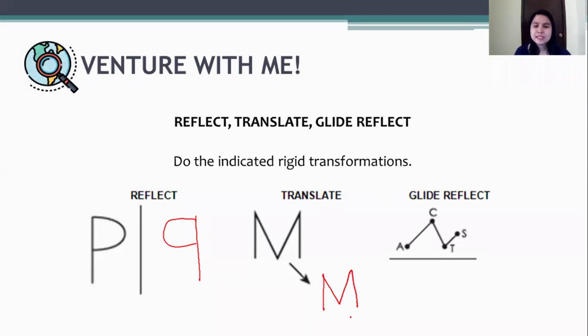If we say glide reflect, it means we move and then we reflect. Example, we glide here, then we reflect there. So these are some basic transformations.